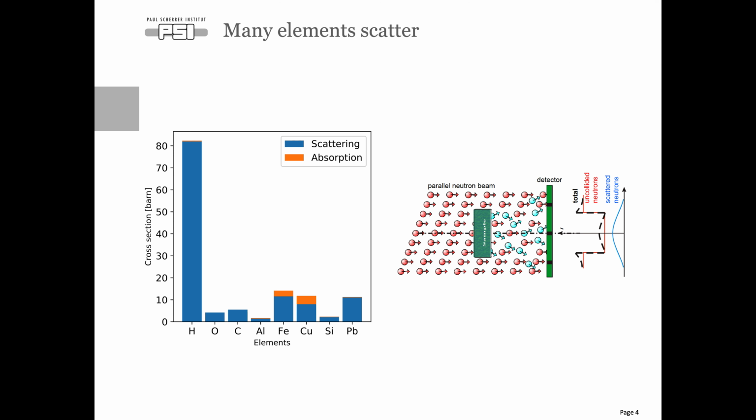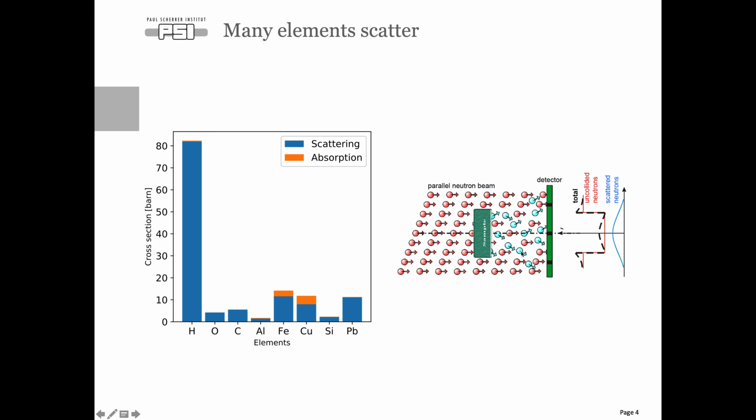If you look at some of these elements, you can see that, for example, hydrogen scatters a lot, oxygen, carbon, aluminum, actually most of the normal elements you come across in an experiment, they scatter mostly and sometimes a little absorption. And what is happening with these scattered neutrons is that if you have a parallel beam coming in, you can have some interaction with the sample, and then the main interaction is scattering.